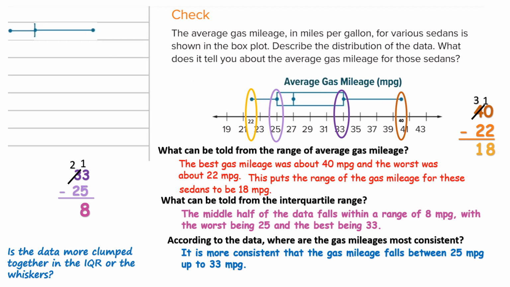If I drag these out for you and keep the ratio size the same, I can see that the whiskers are a little bit longer than the box. So therefore the box, the interquartile zone, the middle half, is more consistent when it comes to the miles per gallon.